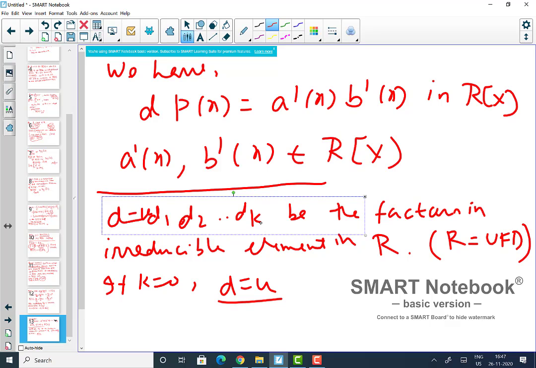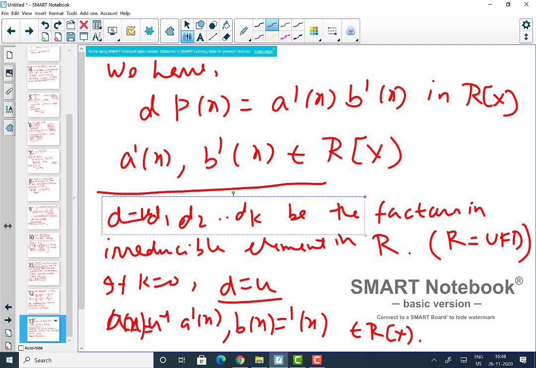If d is a unit, then you can invert it, so you can choose a(x) to be the inverse of a dash x, and b(x) equal to b dash x, and that is enough. Because the unit is invertible, a dash x is an element of R[x], so they are also elements of R[x], and we're done.